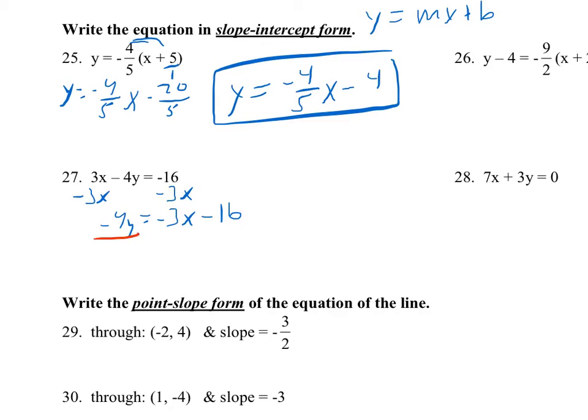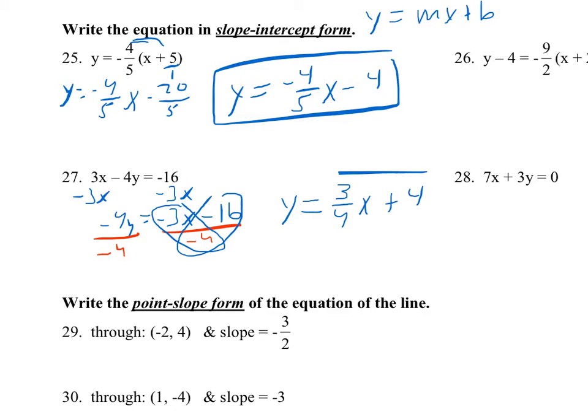We finish it by dividing by a negative 4 both sides, which leaves us with the equation y equals, and we have to take a look at this fraction, and it's a negative 3 divided by a negative 4, which gives us a positive 3/4 x. Then we have to look at this fraction. Negative 16 divided by negative 4 is a positive 4. And that's a place where a lot of mistakes occur. So be very careful of the signs as well.